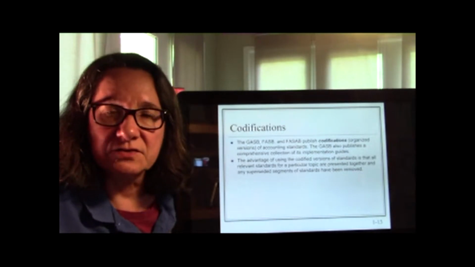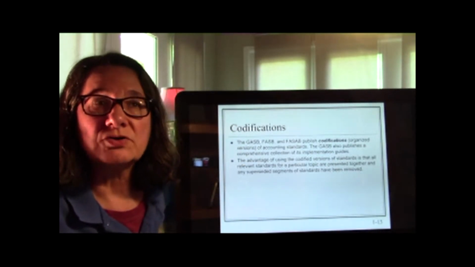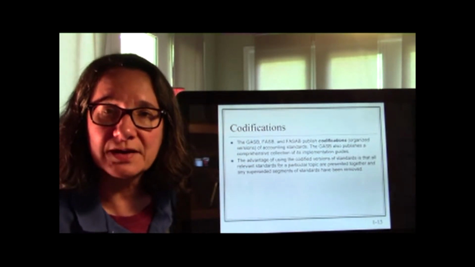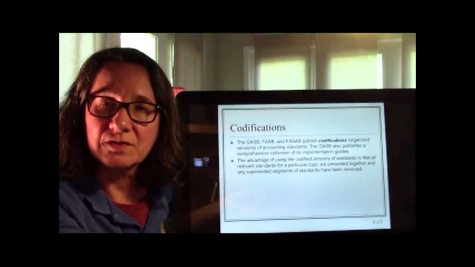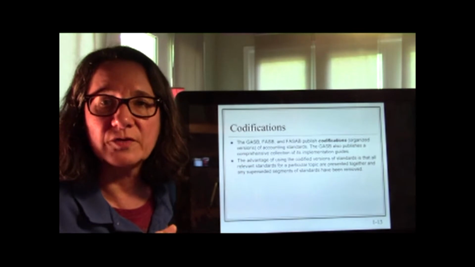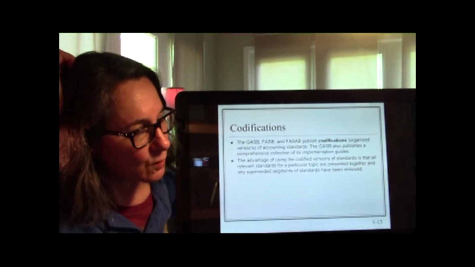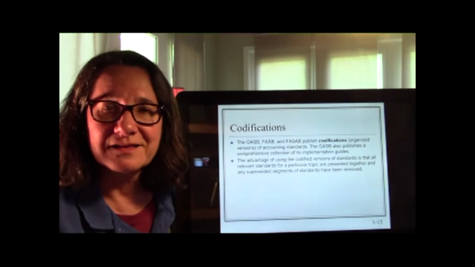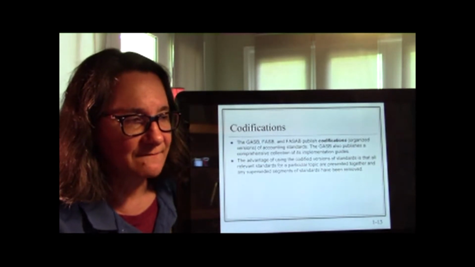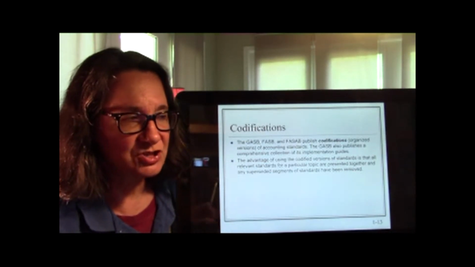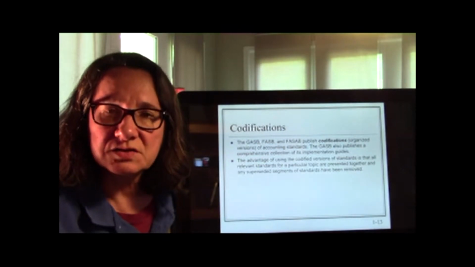And when standards are developed, they are what's called codified, right? They are put into a code. So you could say, here's the book of code, right? The word code means the rules. So we've codified the accounting standards, right? GASB, FASB, FASAB publish codifications. It's just a book, right?